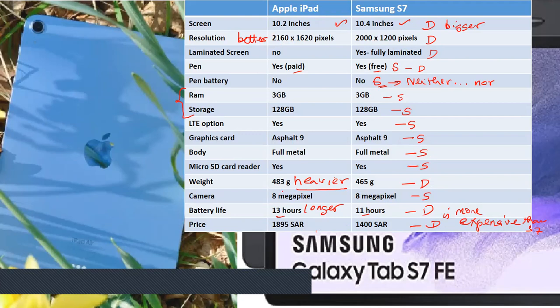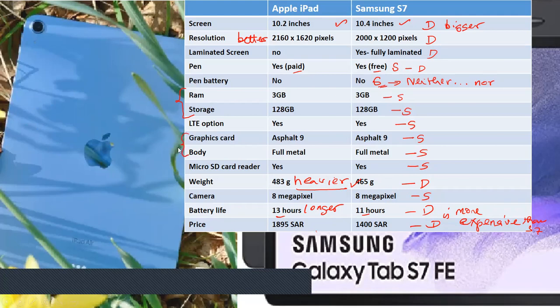So first thing, you explain. For example, the Apple iPad is heavier than the Samsung. Then you say the Apple iPad's weight is 483 grams, whereas the Samsung weighs only 465 grams. Is that okay? So first of all, you explain and then you write the difference in the sentences. Clear? And even here, these two, like graphics card and body, you can join.